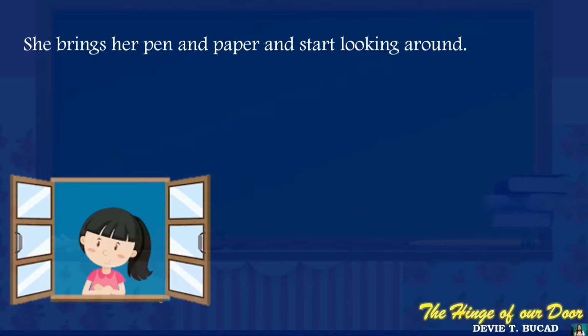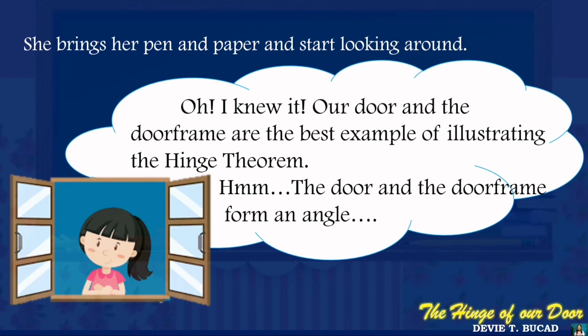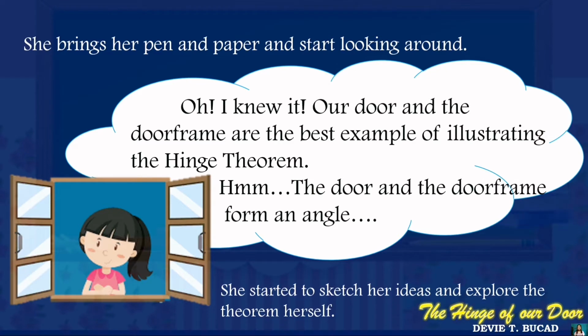She brings her pen and paper and starts looking around. "Oh, I knew it! Our door and the door frame are the best examples of illustrating the Hinge theorem. The door and the door frame form an angle."